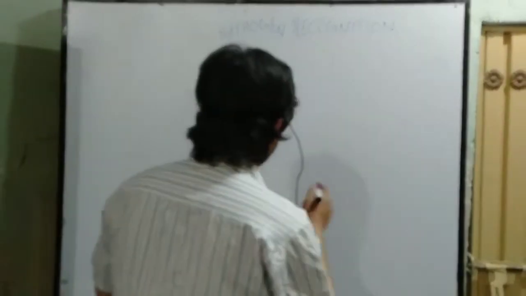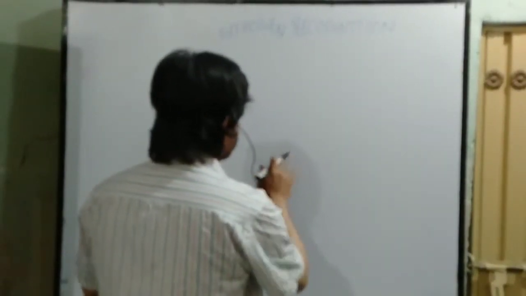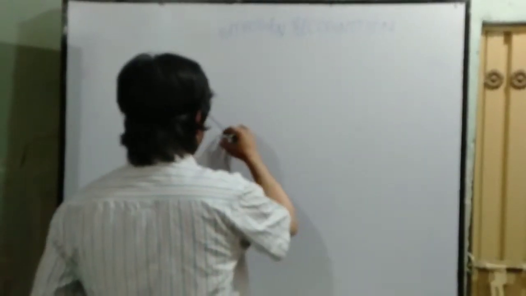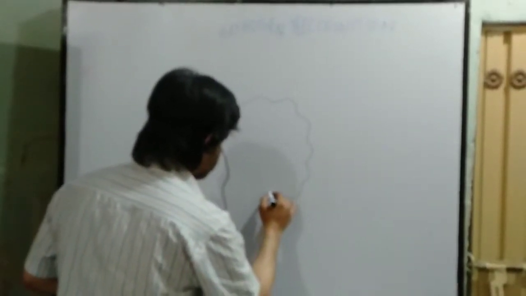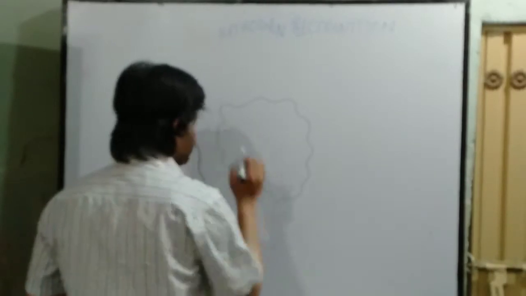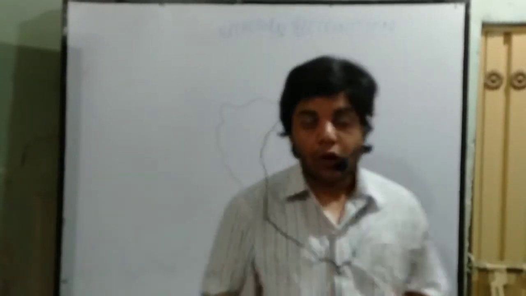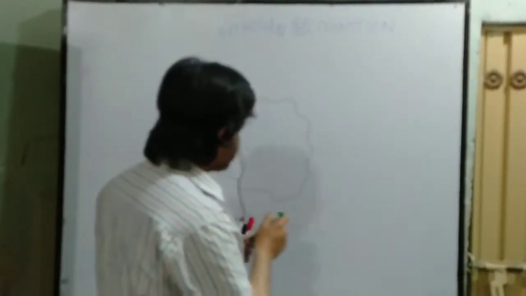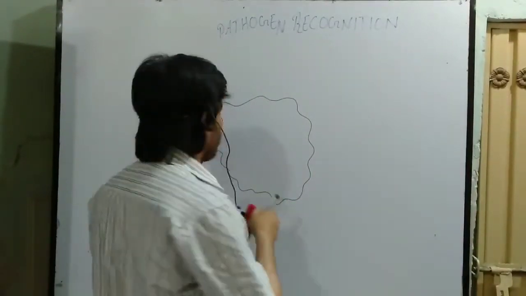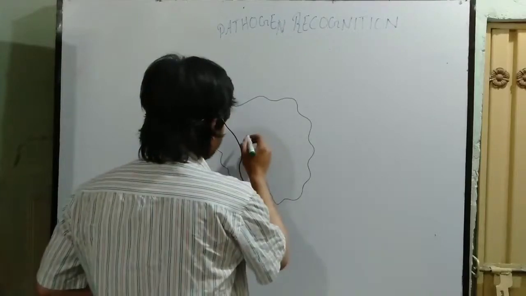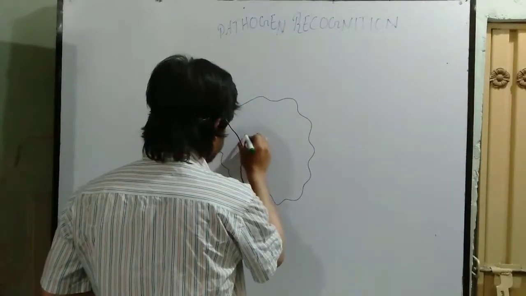So let me explain. First of all, let me draw the cell structure. Let's say this is a macrophage, or any phagocyte.